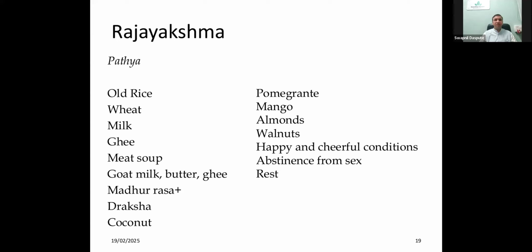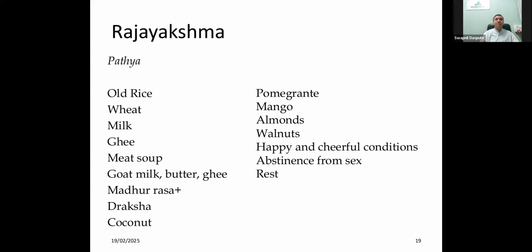Abstinence from sex, yes, because of Shukra Dhatu. In Rajayakshma especially, sex is a physical activity, so the strength will be reduced, and also the Shukra Dhatu which goes out will further deplete the Shukra Dhatu and strength of the patient.